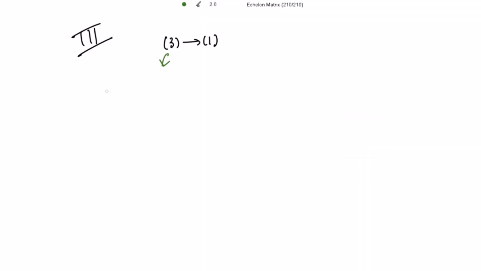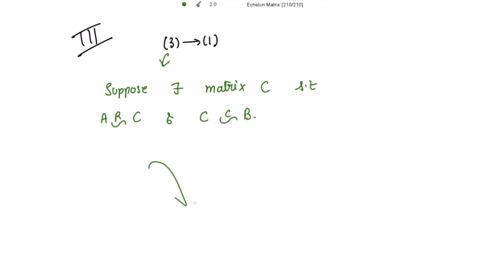And now to move on from the third part to the first part. The third part is, suppose there exists a matrix C such that A is row equivalent to C and C is column equivalent to B. This is your third part and we have to get the first part, that is A is row column equivalent to B. We have to reach over here.